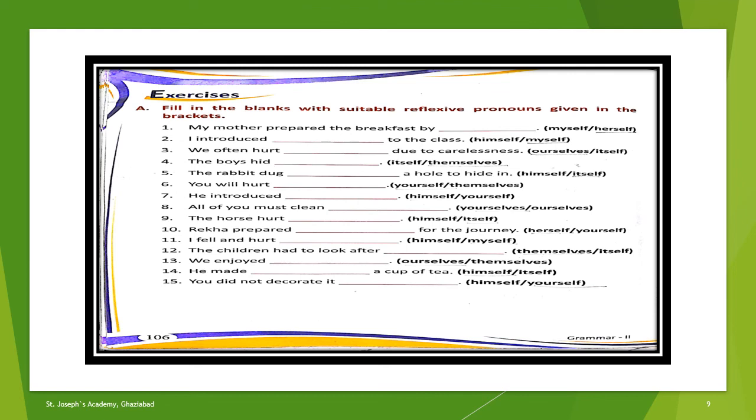Number 14. He made dash a cup of tea. When the subject is he, the reflexive pronoun will be himself. So the answer will be himself. He made himself a cup of tea.